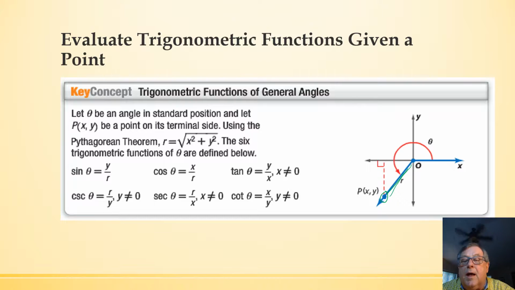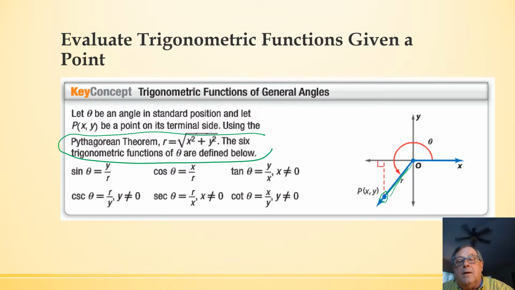That's actually going to be a radius. That's why we call it r, but it's not telling us that at that point. But if we know the x and y coordinate, we can find the measure of r by using the Pythagorean theorem. And then once we have that, we can find all the trig functions.